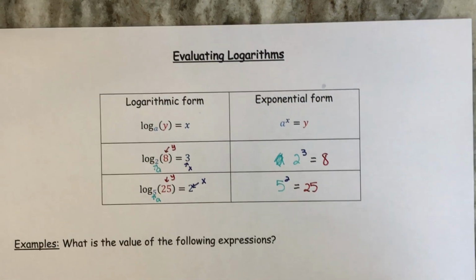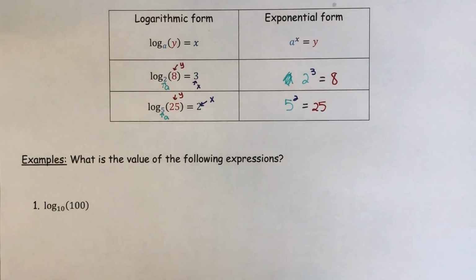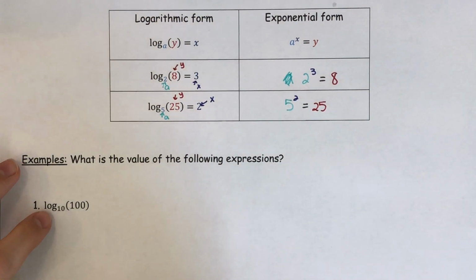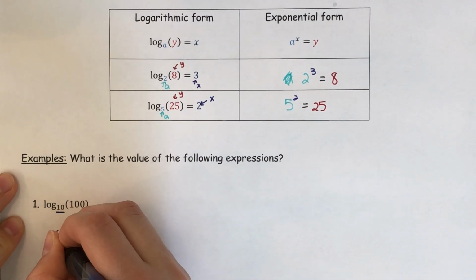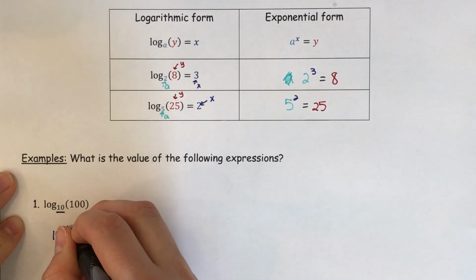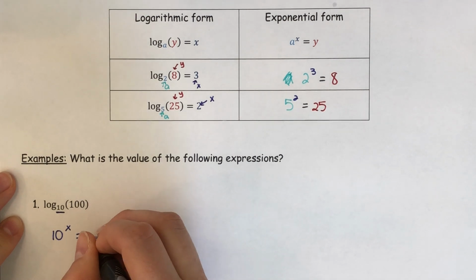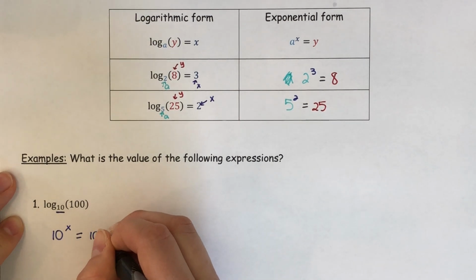All right, so let's take a look at some examples. If we want to figure out the value of the following expression, we have log base 10 of 100. So what this is asking us is 10 from right there, 10 to what power is equal to 100?